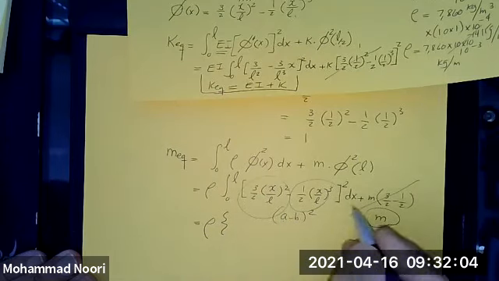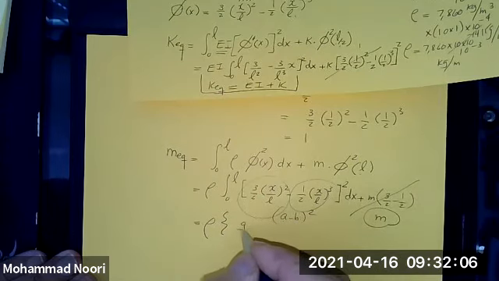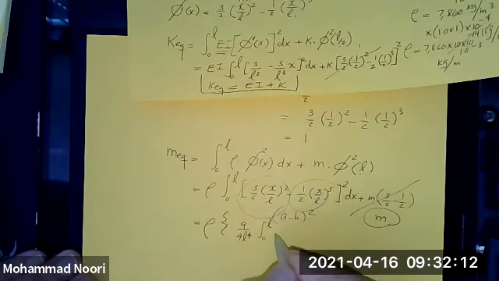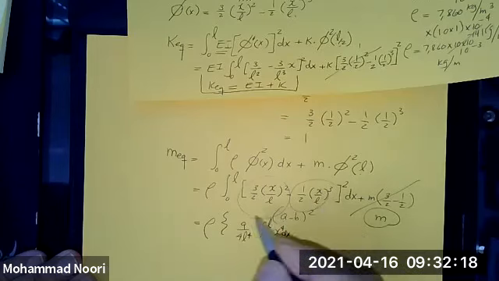So I expanded that. It becomes 9 over 4L to the 4, integral from 0 to L of x to the 4 dx. So there are three terms here, right?